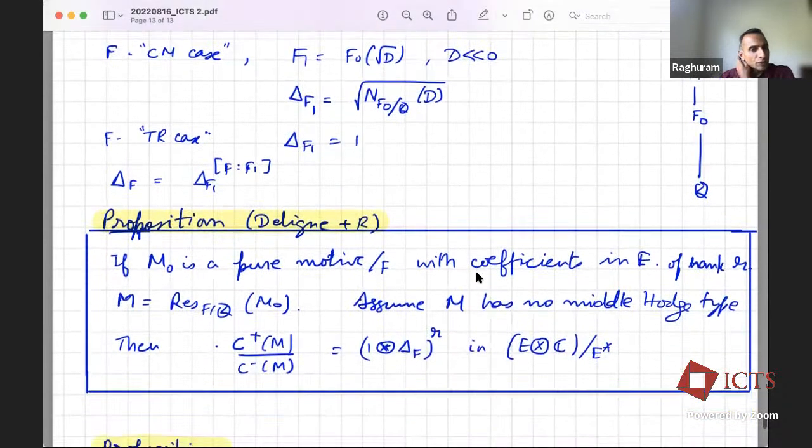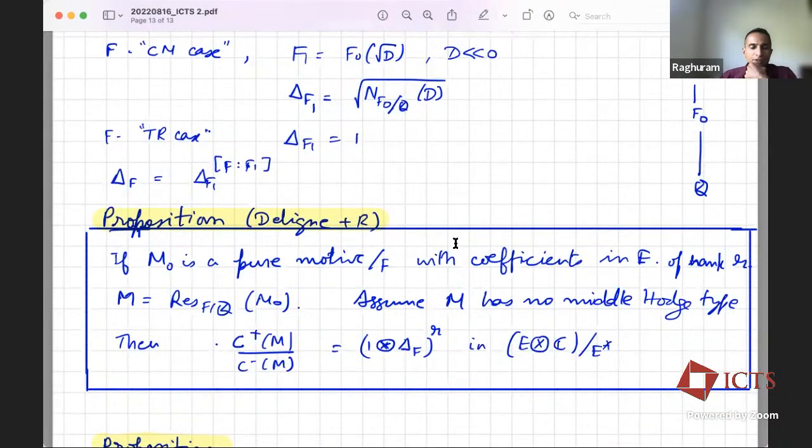And here's a proposition which is there in this ongoing work with Deligne about understanding ratios of his periods attached to motives. Of course, I didn't in this talk develop my notations for motives, so this is for those who are familiar with Deligne's notations. It goes like this. If I take a pure motive over F with coefficients in E of some rank R, and I want to work with a motive over Q, so I just restrict from F to Q. And I want to work with critical points.